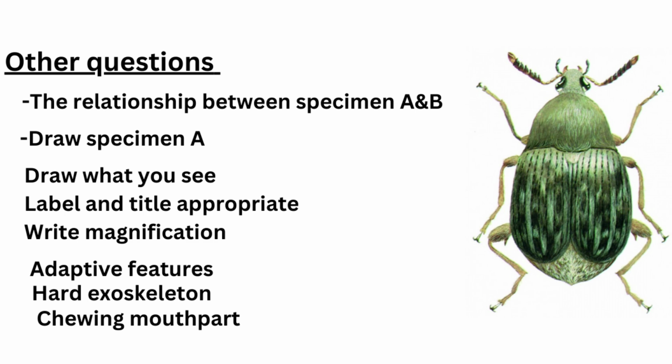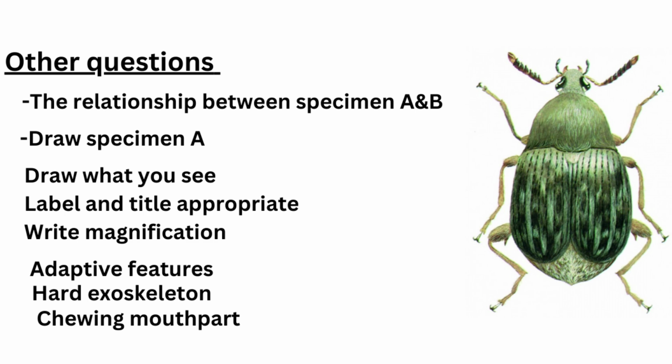All right, so another question that can emanate from this particular specimen is the relationship between specimen A and B, because they are related. They can ask you what's the relationship between specimen A and B, and that's very simple. Specimen A, which is weevil, infests specimen B. So specimen A feeds on specimen B. So they are related.